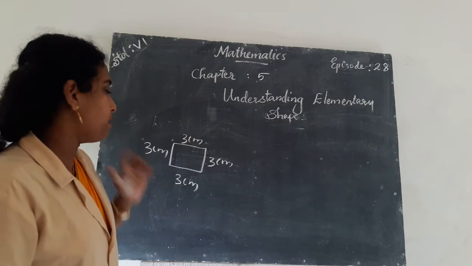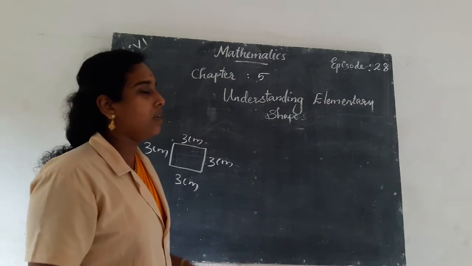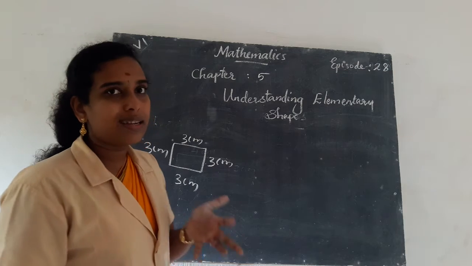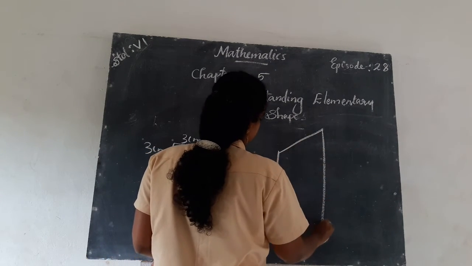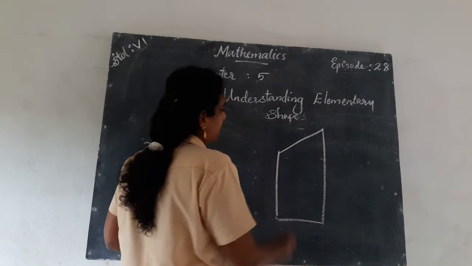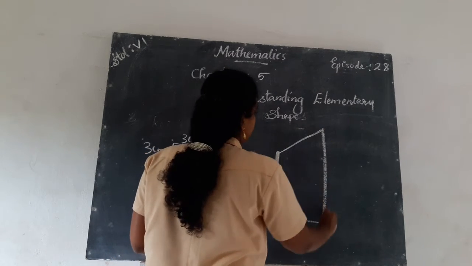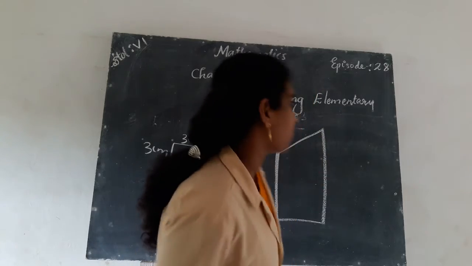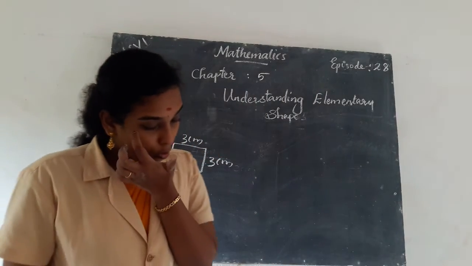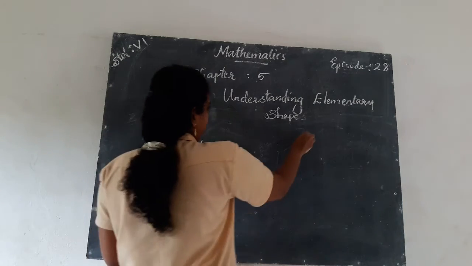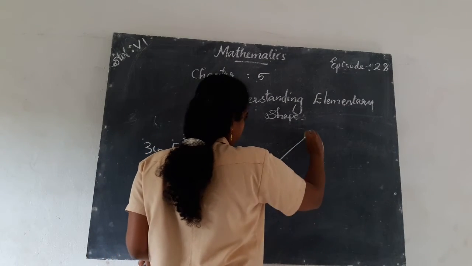Okay. Then trapezium. A trapezium is when any 2 opposite sides are parallel, then it is said to be a trapezium, like this. Okay. This is a trapezium. Here 2 sides are parallel, then it is said to be a trapezium. Then we studied about rhombus. Rhombus means it's like a diamond. Okay.